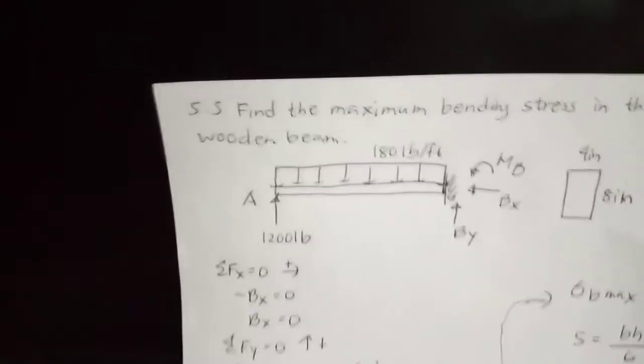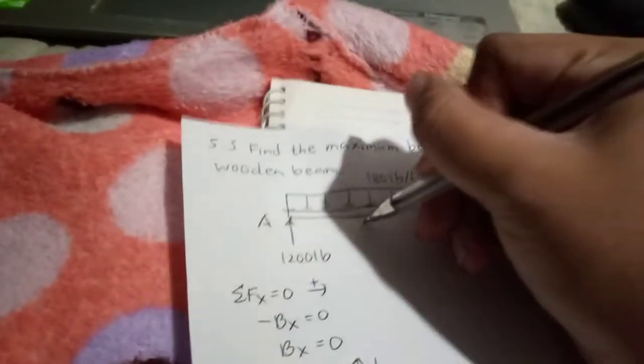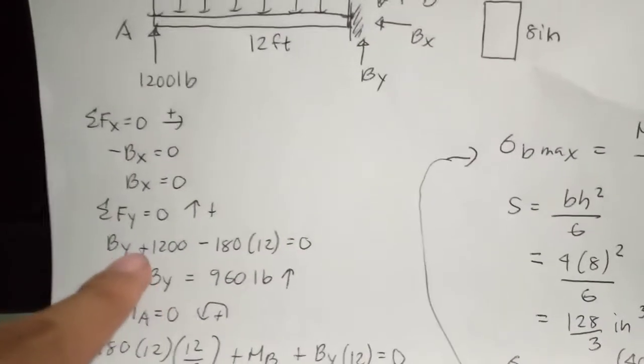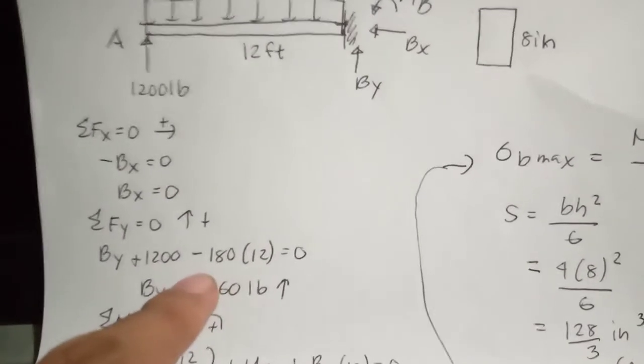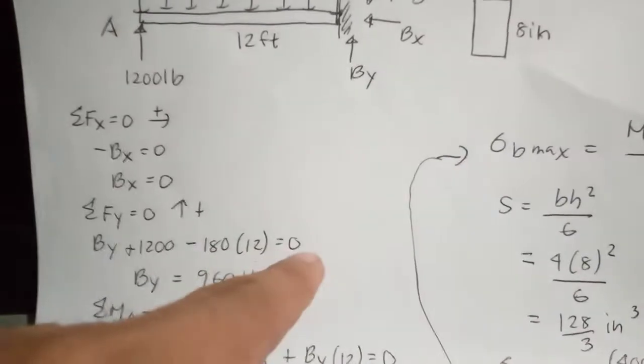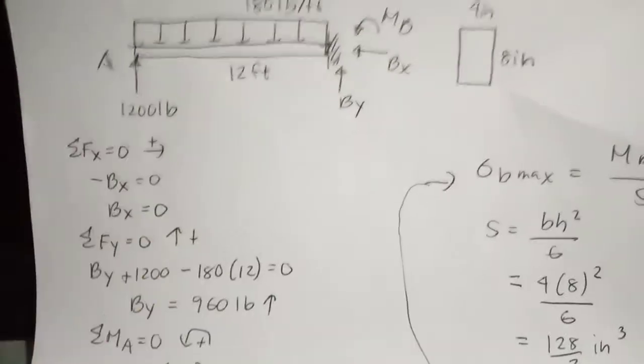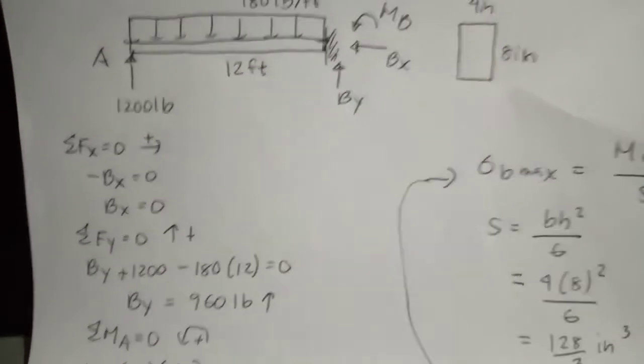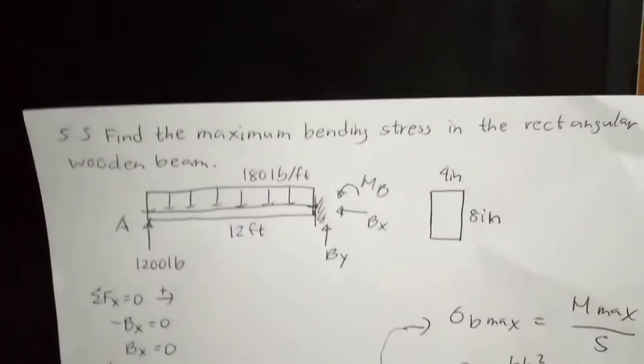I forgot to put that in the drawing. So 180 times 12 is 2,160. If you transfer it to the right it becomes positive, and the 1,200 becomes negative. By simplifying, we get By equal to 960 lb. Since it is positive, our assumed direction of By is correct.